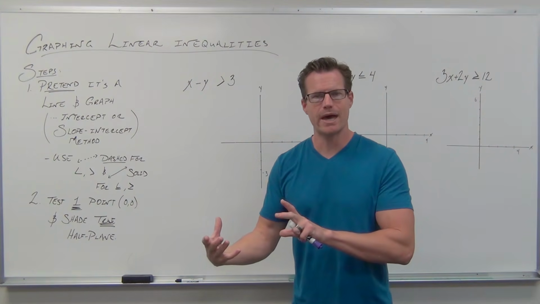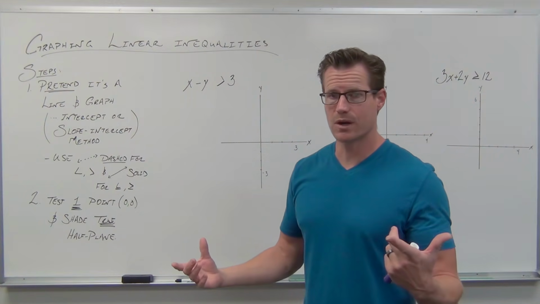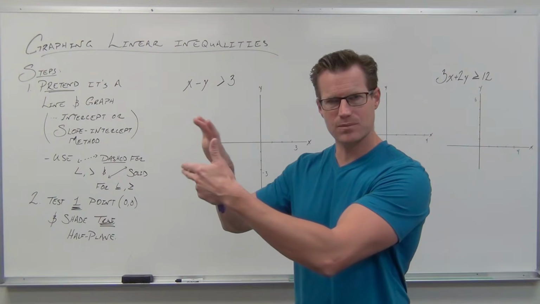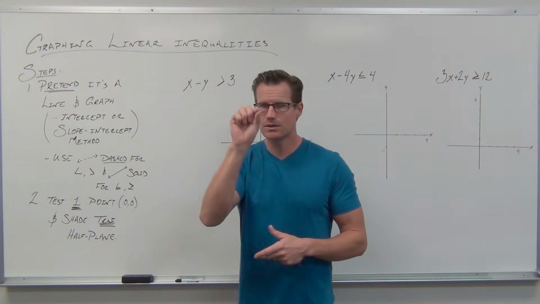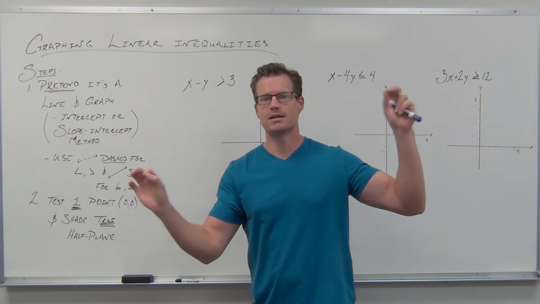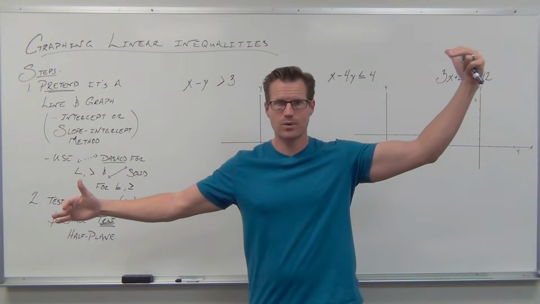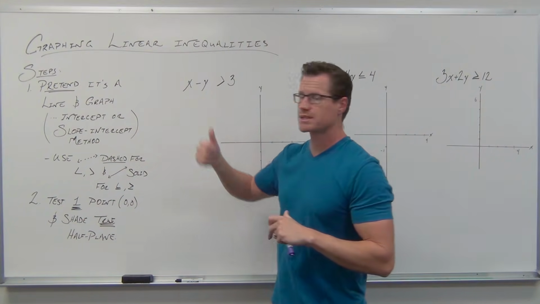How we showed that for linear inequalities with one variable was parentheses. What that parentheses translates to is a dashed line. So a little dashed line says, hey, not part of the solution set. It's like a really long parentheses saying no, none of those points are actually going to satisfy that.